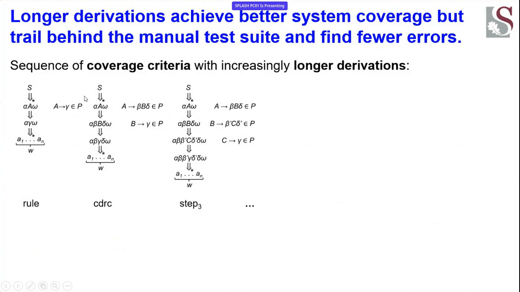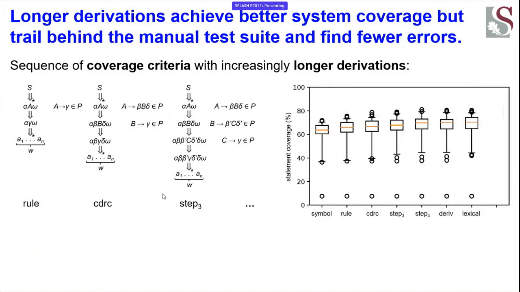In rule coverage, we have a 1-step chain. In CDRC, we have a 2-step chain. In step 3, we have a 3-step chain. So these produce basically more and more complex test cases where rules are used in more and more complex contexts. And it's obvious that this leads to a better coverage of the system under test, but it really, really doesn't help.